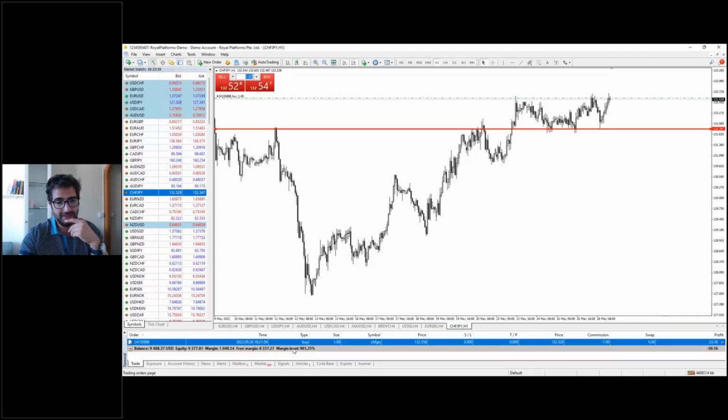Margin level is how much money we could use to open a trade, in terms of percentage. To get the margin level, it's equity divided by margin. So if we divide 9,380 by 1,040, times 100, you will get this margin level here.